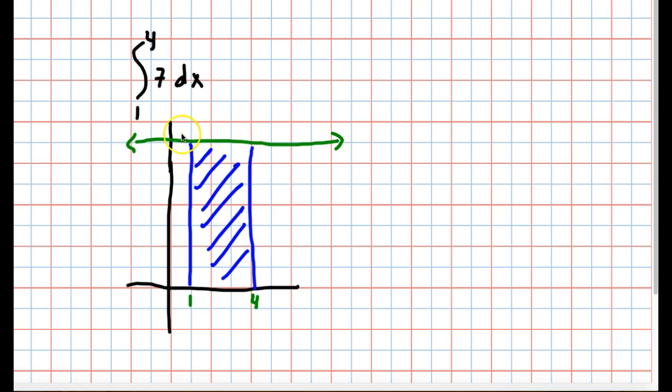This rectangle has a height of 7, because this function is y equals 7, and a width of 3. The difference between 1 and 4 is 3. So the answer to this integral would just be 3 times 7, 21. We can just write our answer just like that. This integral is equal to 21.